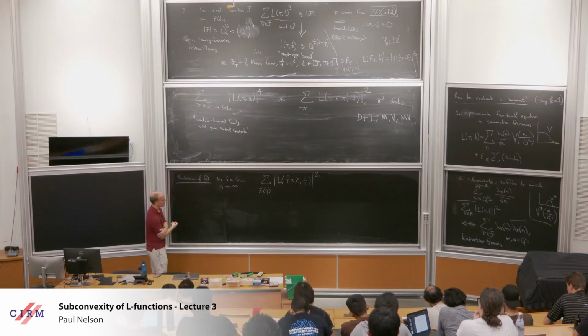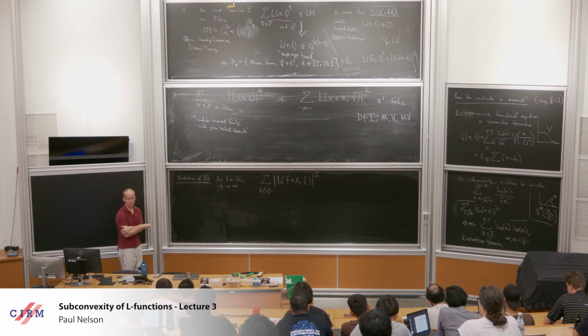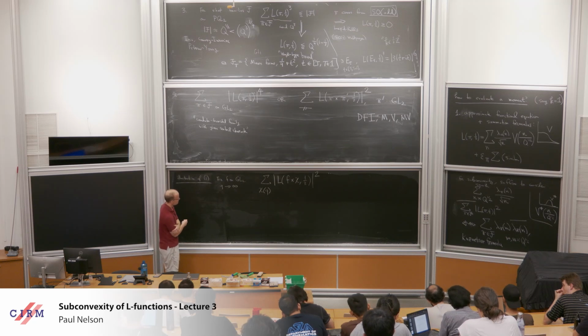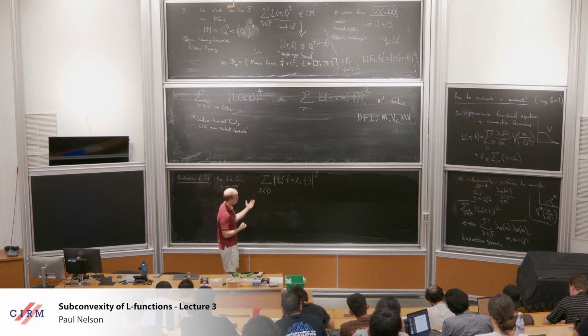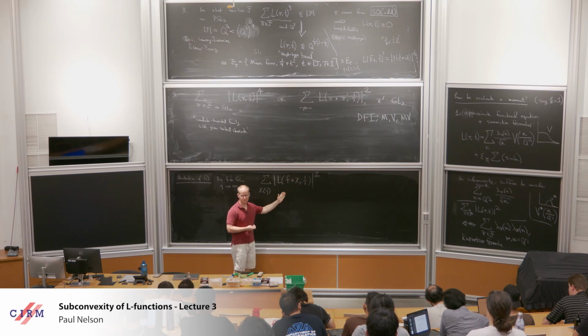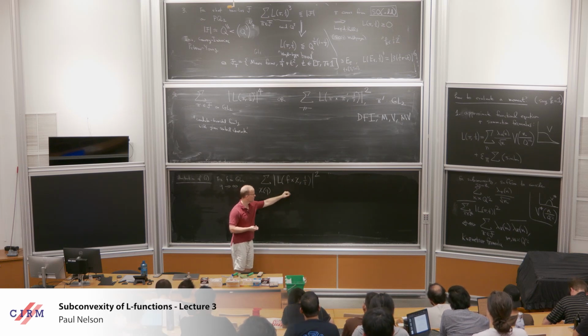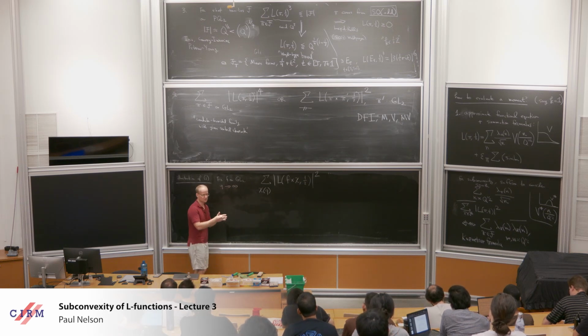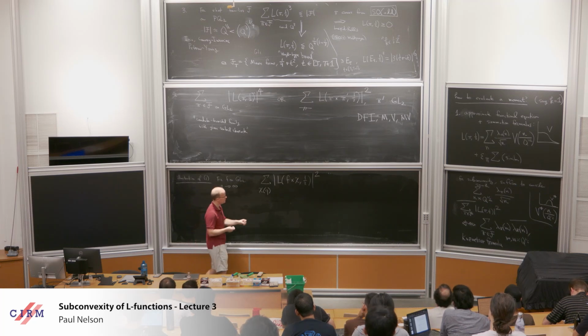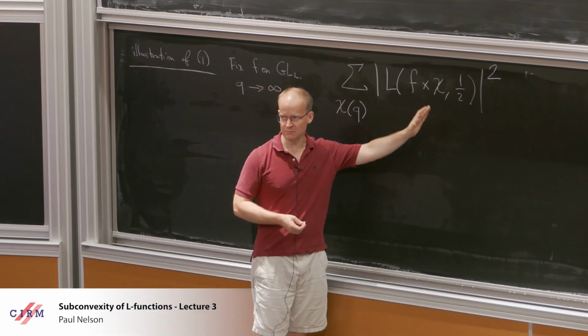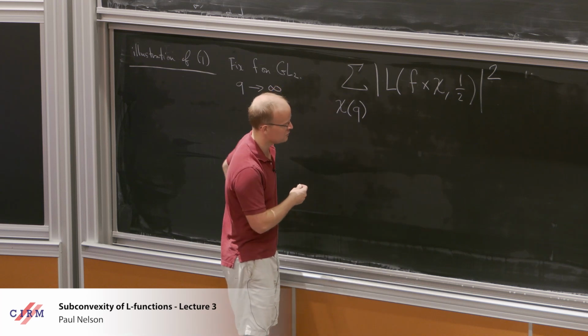This is something that Philippe already treated in his lecture, but I thought it wouldn't hurt to repeat it a bit. You can think of this as closely related to the fourth moment of the zeta function. If you took χ not to be a Dirichlet character, but instead |t|^{it} in a dyadic interval, and you took f to be an Eisenstein series, this would literally be the fourth moment. So it's a cousin of that.